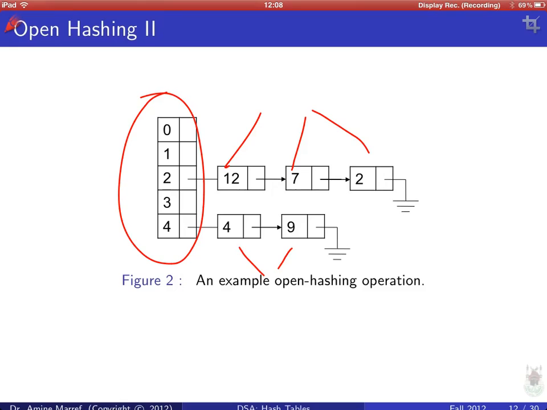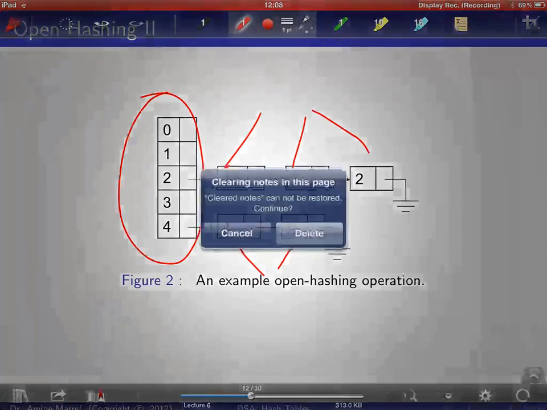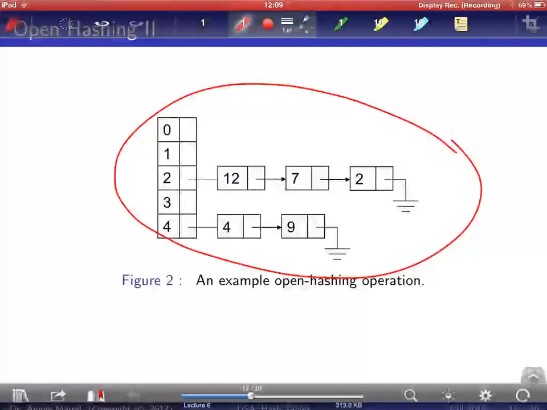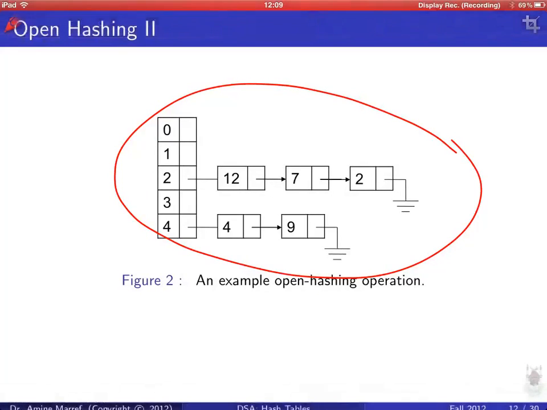This is 5, this is 4, and this is 9. This is the first insertion, because 9 modulus 5 equals 4. And then 2 modulus 5 equals 2, so we have 2 mapped here.